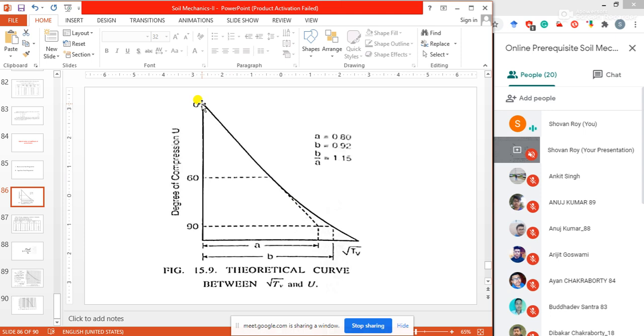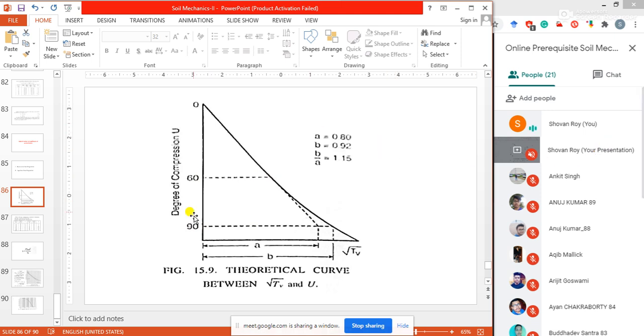The curve initially starts from 0, then it comes to the 60 value, and further it goes in the direction where the time factor is increasing, depending upon your time factor. So the 60 value and 90 value are our important values.